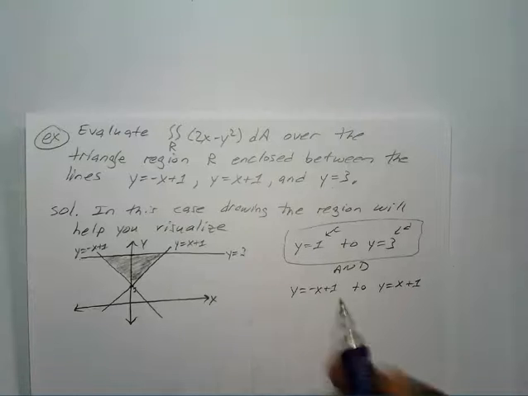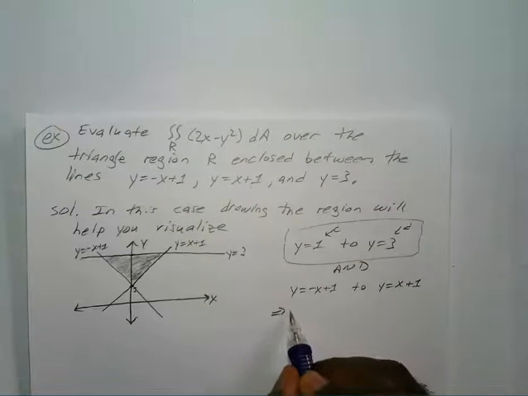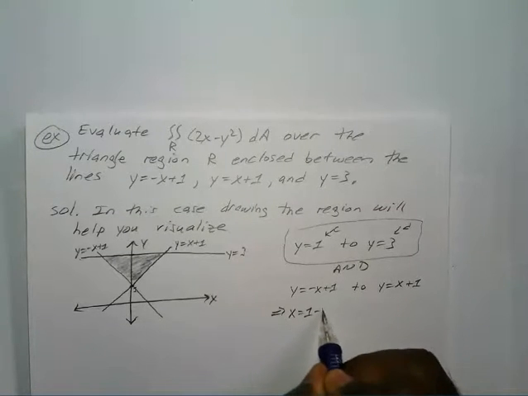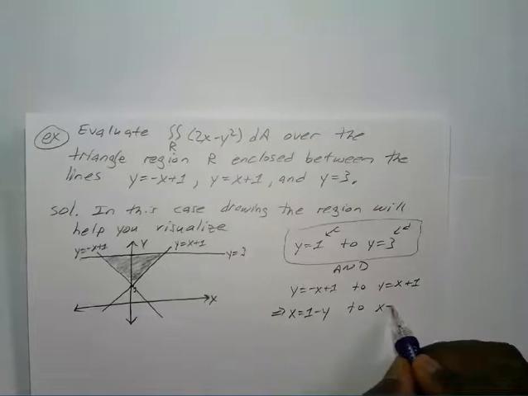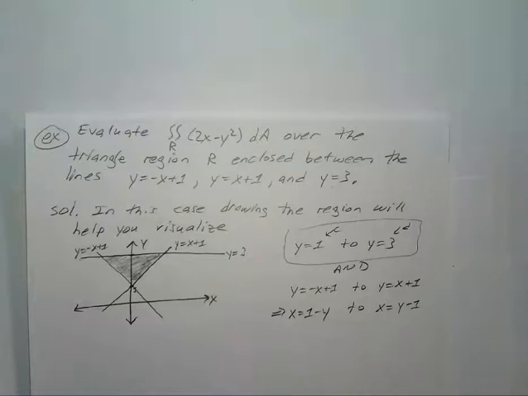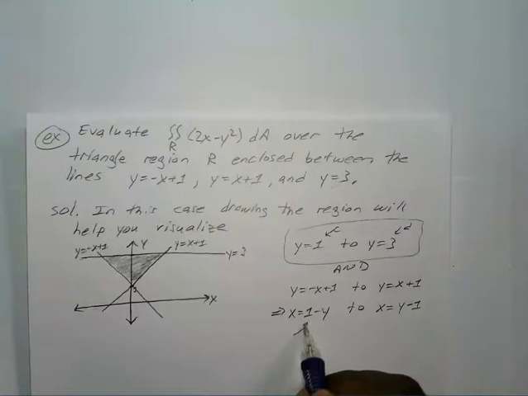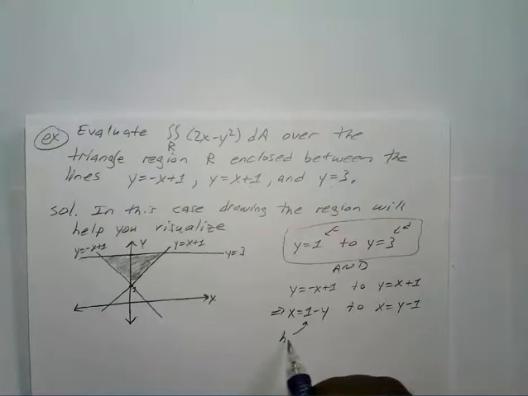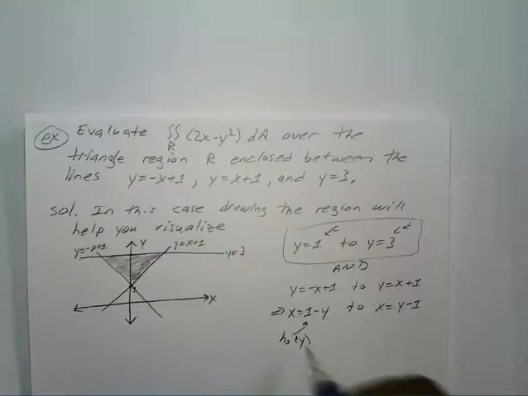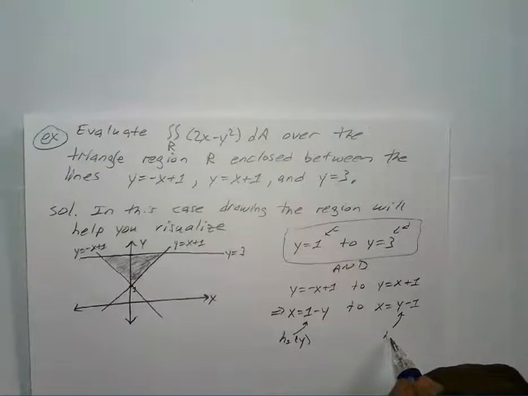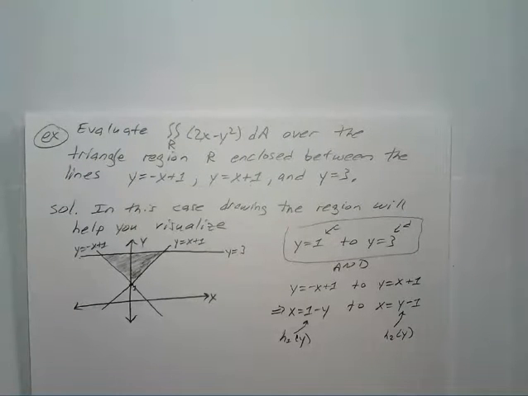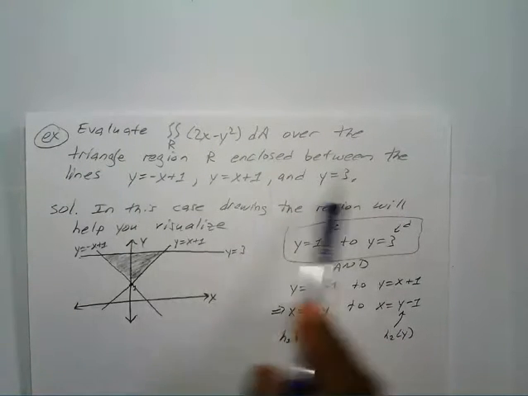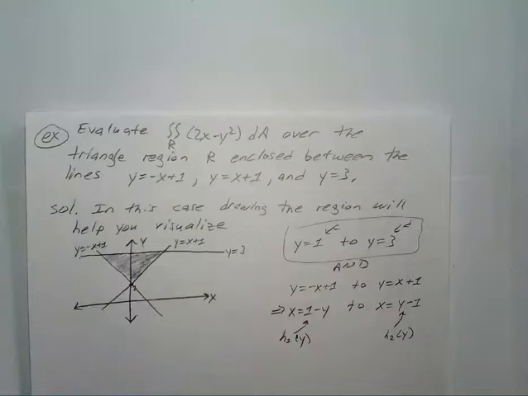Solving for x gives x equals 1 minus y to x equals y minus 1. So they won't always give you everything, but they'll give you enough to be able to figure out how to come up with your boundaries.